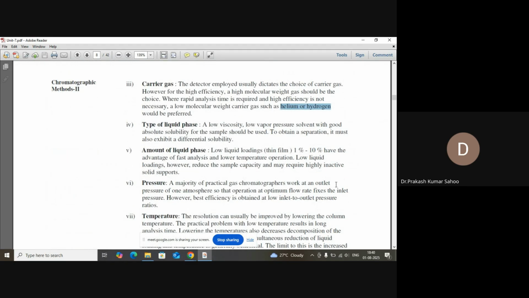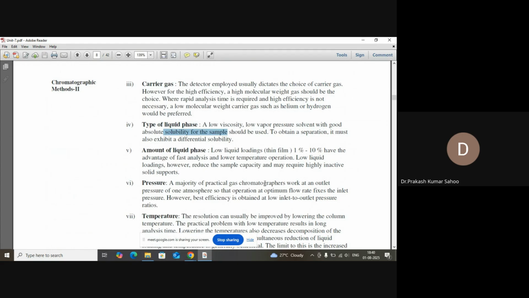And the liquid phase, which is used as the stationary phase for this chromatography, that is gas liquid chromatography, must have low viscosity and low vapor pressure, with good solubility for the sample.